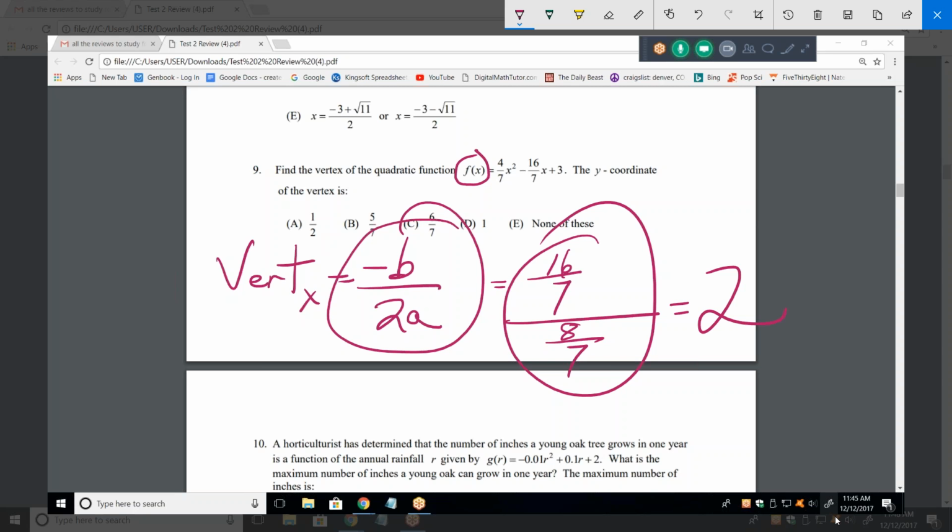Now, what's the y-coordinate of the vertex? In other words, what we want to figure out is what is f of 2, for that formula right there. Because that's the y-coordinate. Once you get the x-coordinate, which you can get rather easily, the hard part is plugging it in for x to figure out the y-coordinate. So what's this term?